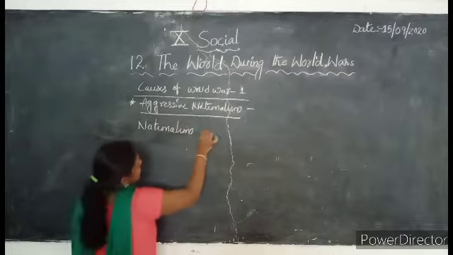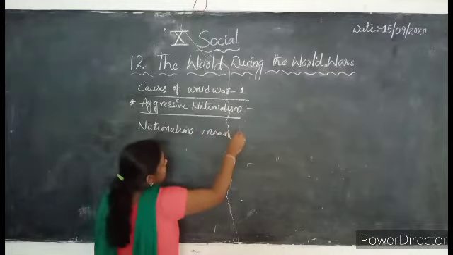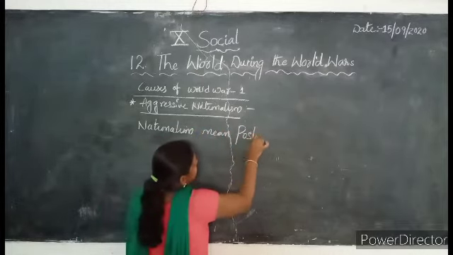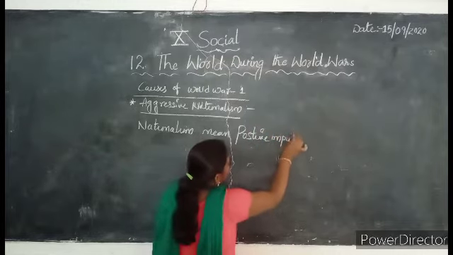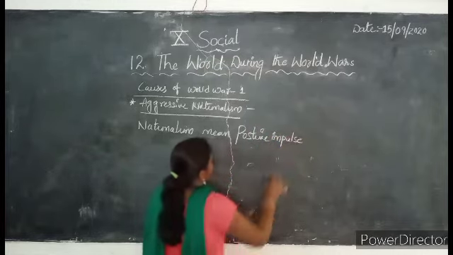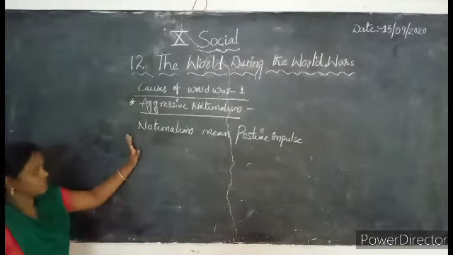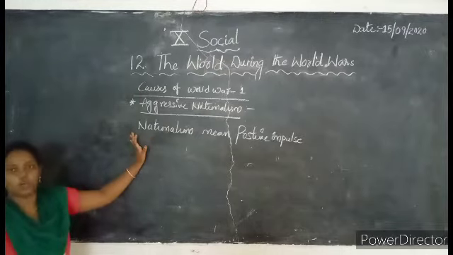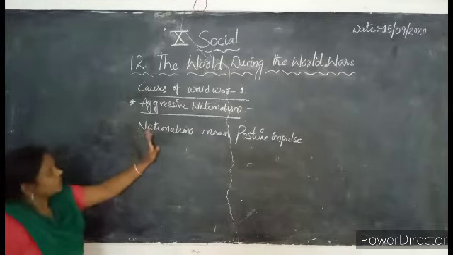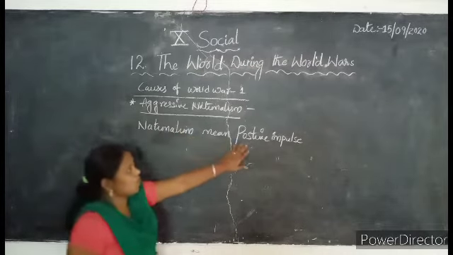So nationalism means what? Positive impulse. Love towards country, respect to our country, means our ideas are very positive towards our nation. So we can say nationalism means positive impulse.